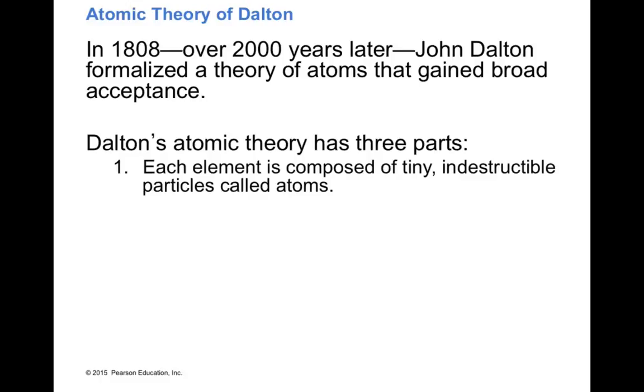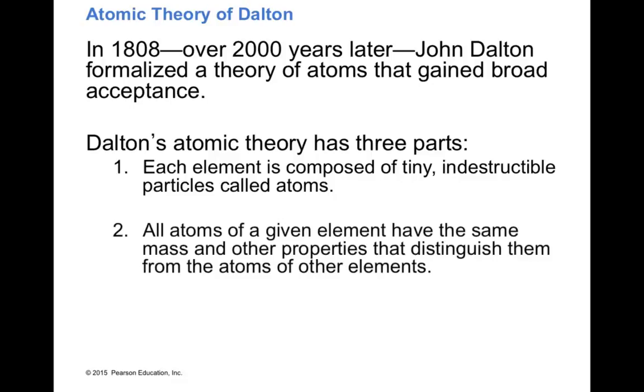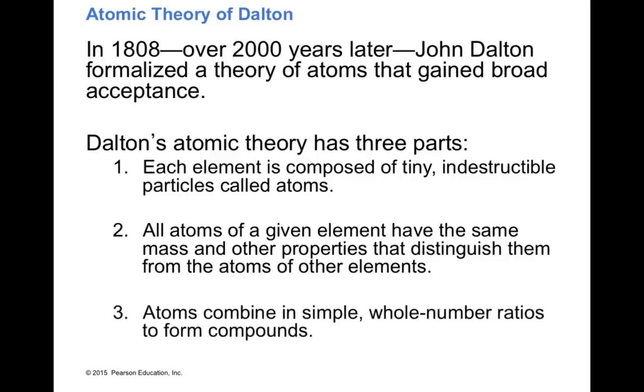First, each element is composed of tiny indestructible particles called atoms. Second, all atoms of a given element have the same mass and other properties that distinguish them from atoms of other elements. And number three, atoms combine in simple whole number ratios to form compounds. Those are the three parts of Dalton's atomic theory.